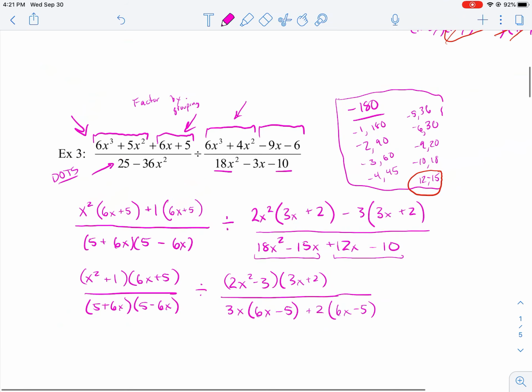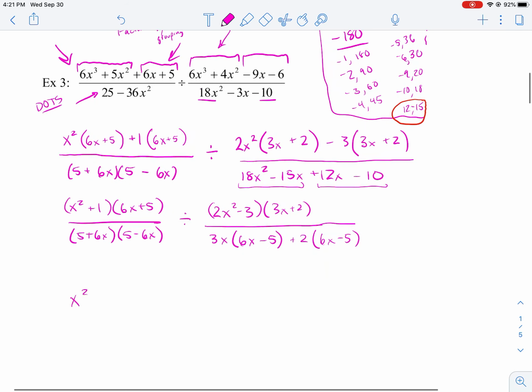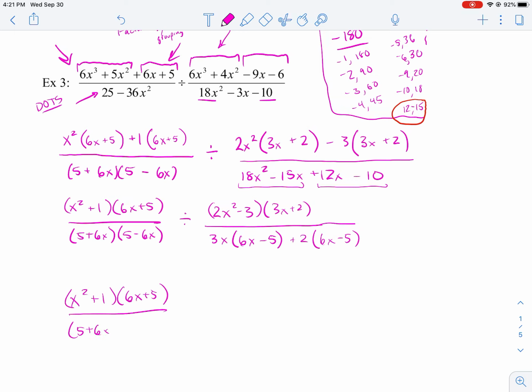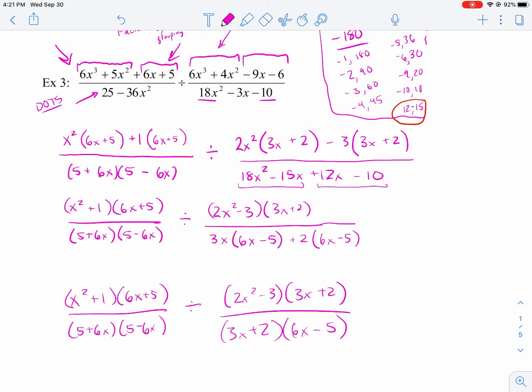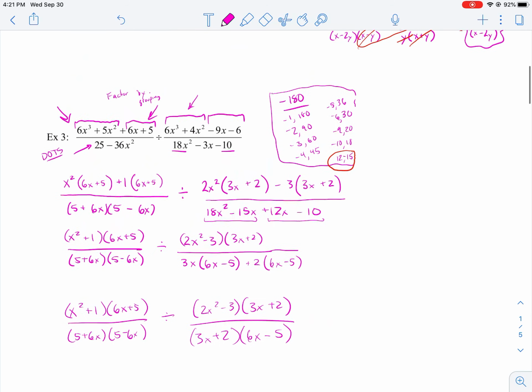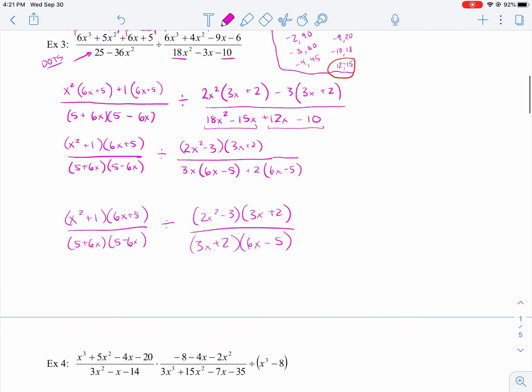And finally, write everything out. On the bottom, we're going to have a 3x plus 2 and 6x minus 5.